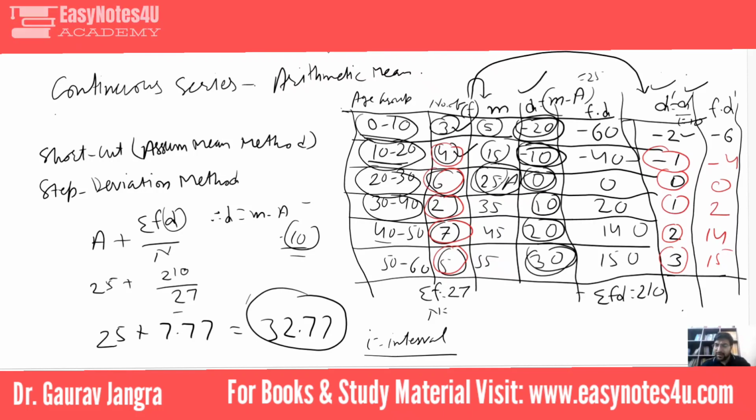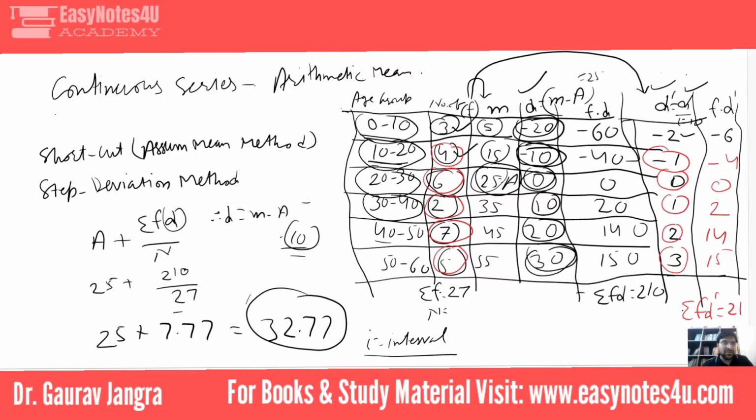So the total positive value will be 31, and the negative total is 10, so 31 minus 10 is 21. So summation f d dash will be 21.